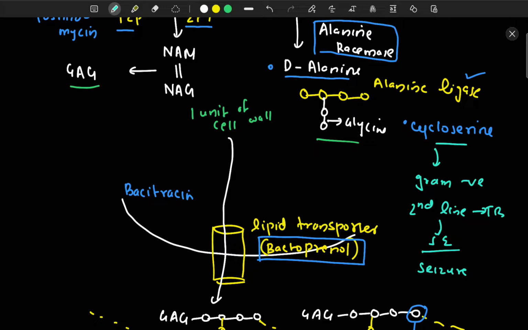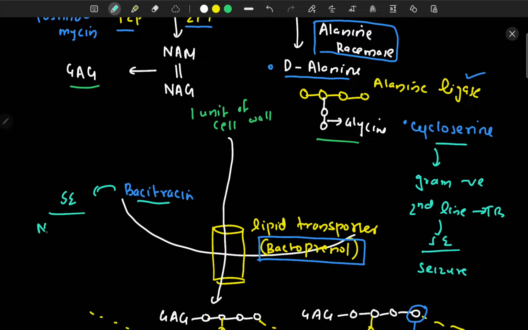Now, another drug I'll be discussing is bacitracin. So, the bacitracin inhibits the bactoprenol, that is, it will block the transport of the unit of the cell wall outside the cell membrane. But this also has side effects.